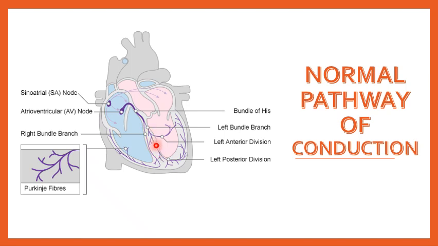And the left bundle branch is actually subdivided into two fascicles. We have the anterior superior fascicle, and if you can kind of imagine the anterior superior fascicle coming out toward you, and then we have the posterior inferior fascicle of the left bundle branch.